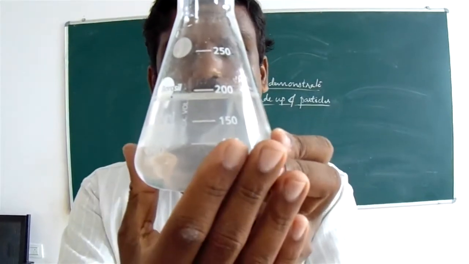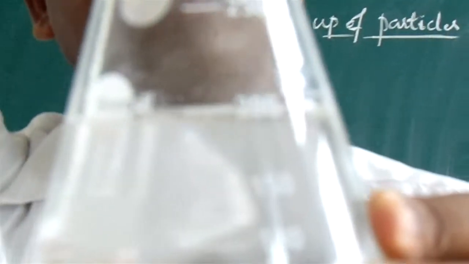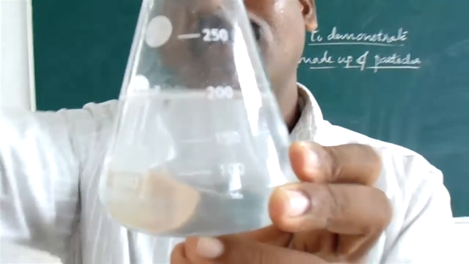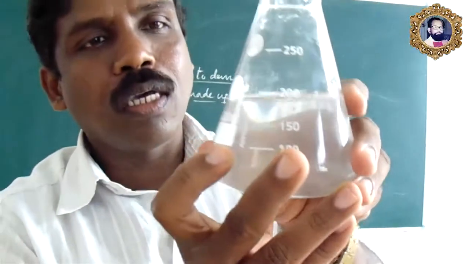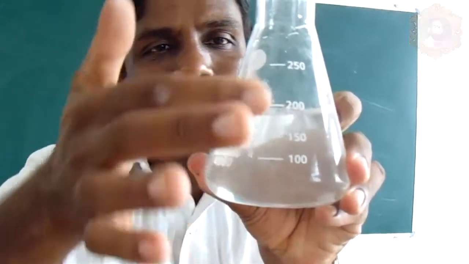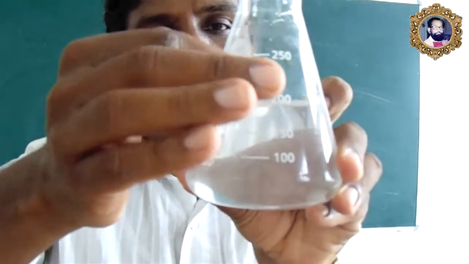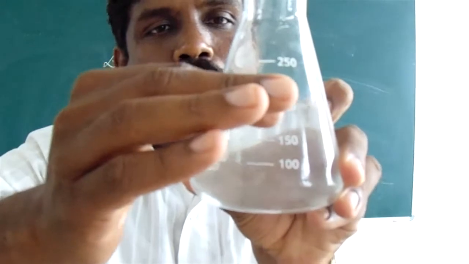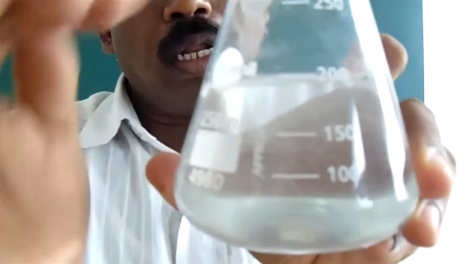Here I had taken 200 ml of water, and I also put salt into it. The salt that I put into the conical flask is dissolved, but the level of water remains the same. It has not increased above 200 ml.